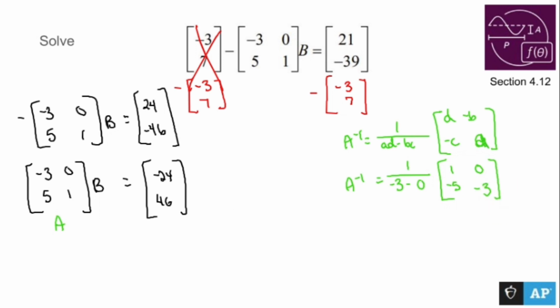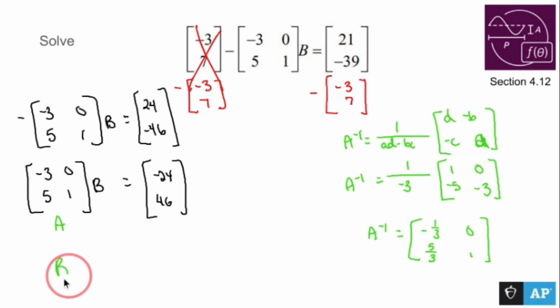All right, so just to save some space, negative 3 minus 0 is just negative 3. So I have 1 over negative 3, like that, or negative 1 over 3, however you want to view it. So the A inverse is going to equal negative 1/3, 0, positive 5/3, 1.